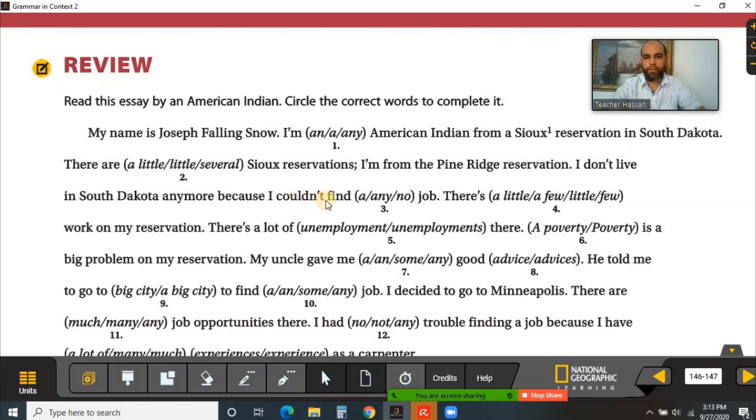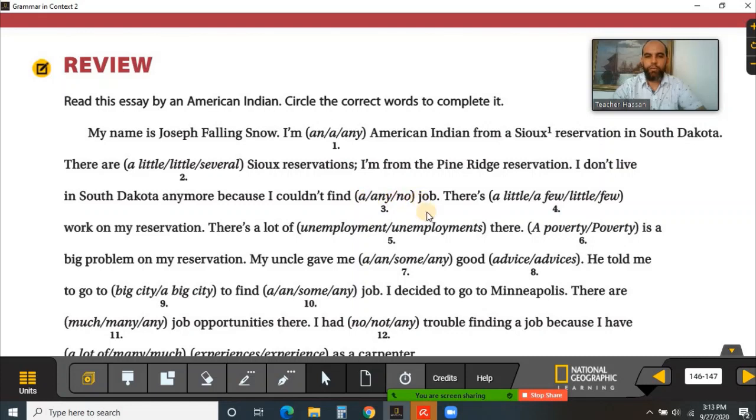Now, any works with plural nouns and with uncountable nouns. If this one were jobs, therefore any would work. But because job is singular, any wouldn't work. That's why the correct answer is a.